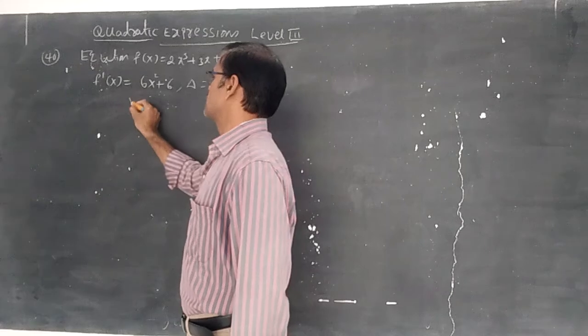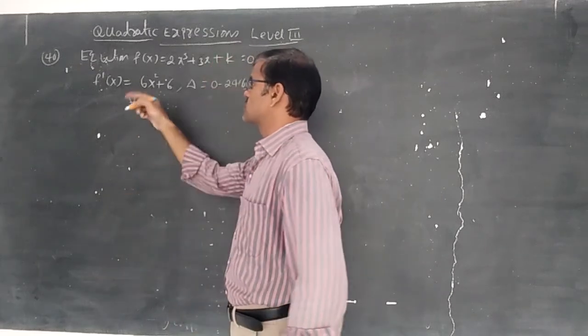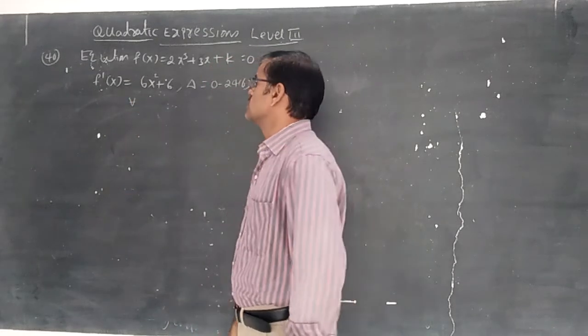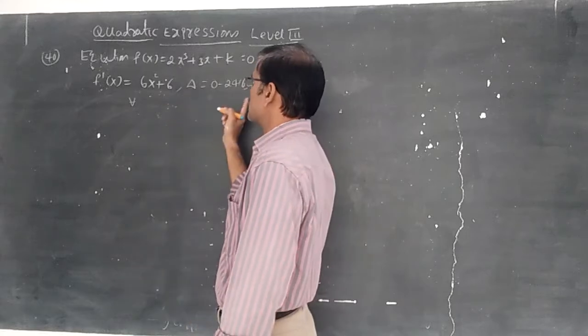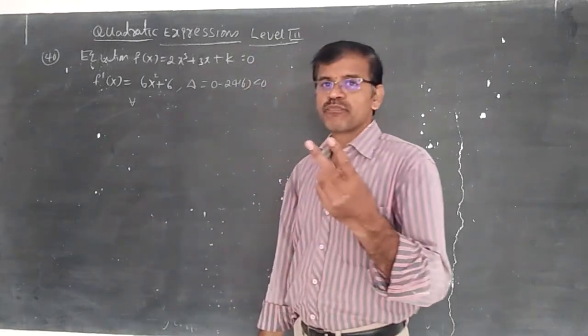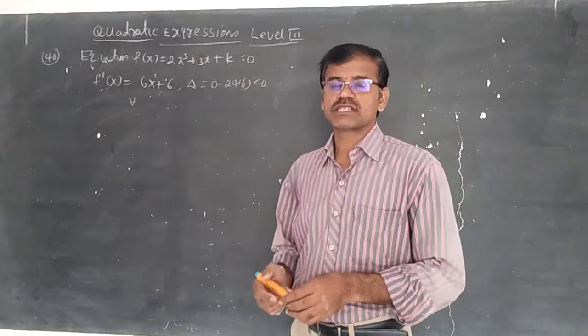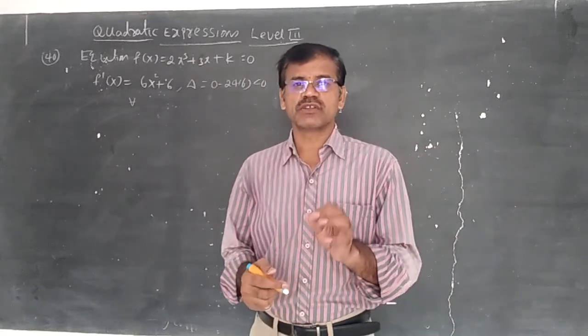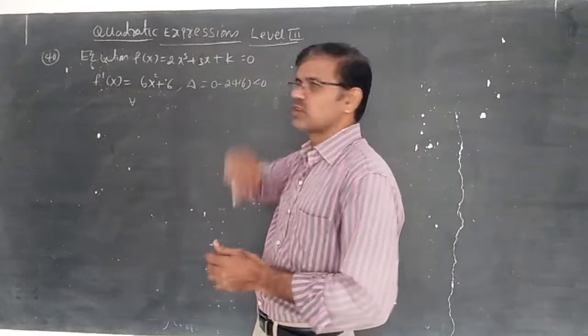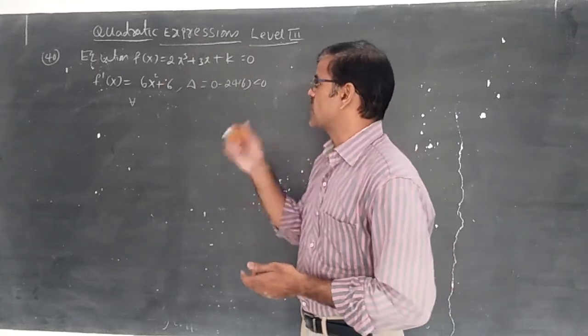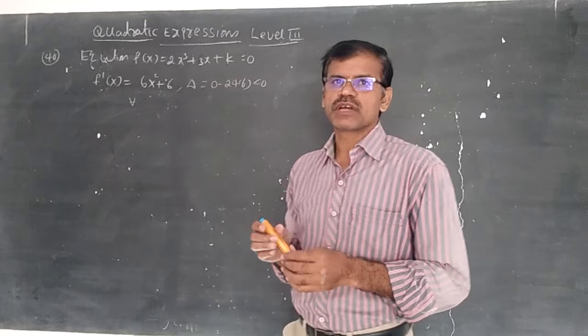Whenever delta is less than 0, for all x belonging to R, f dash x has the same sign. So here what is indicated? For f dash x, two imaginary roots are there, not two real roots. Whenever f dash x has two imaginary roots, there is no chance to get two real roots. This is called the multiple root concept.